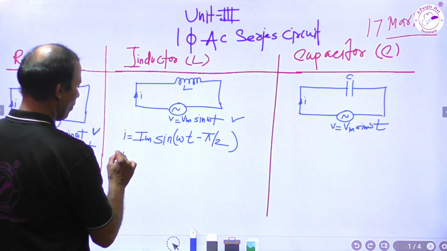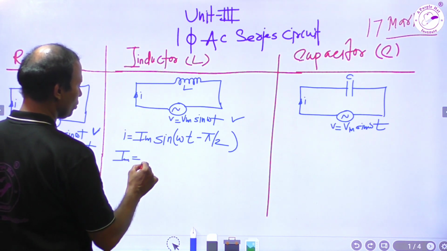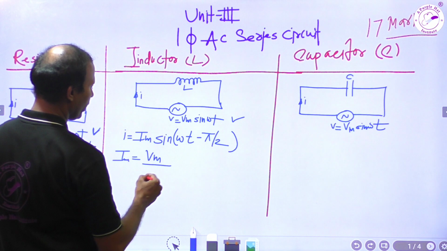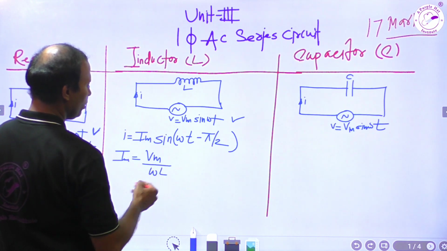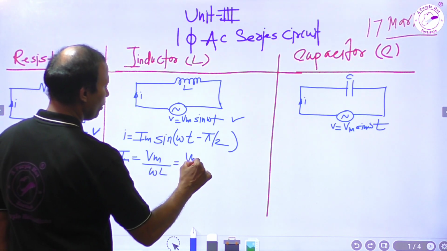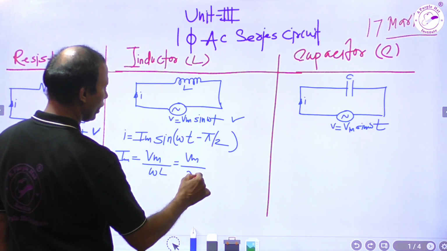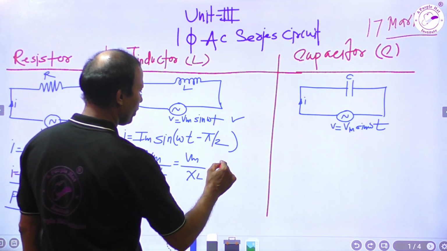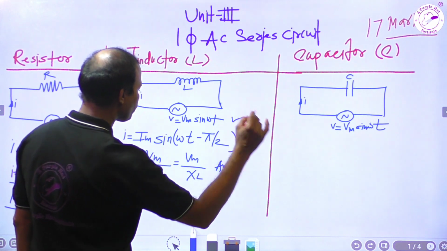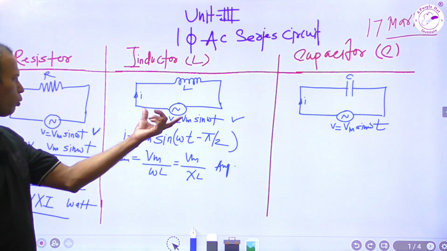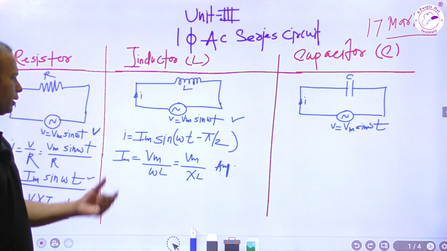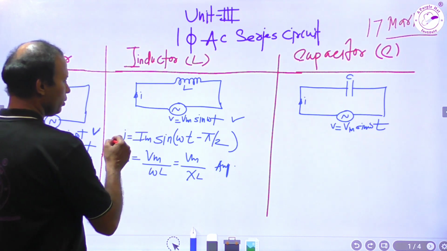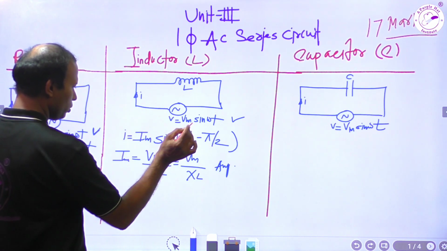Im is the maximum value of the current. Im is equal to Vm divided by omega L, where omega L is equal to inductive reactance XL. This is the maximum value of current in ampere. This way, with the value of voltage known, we can find the instantaneous value of the current. So I is equal to this equation.